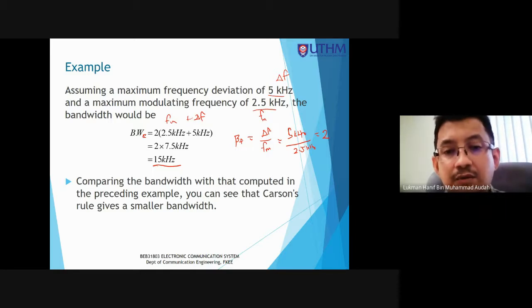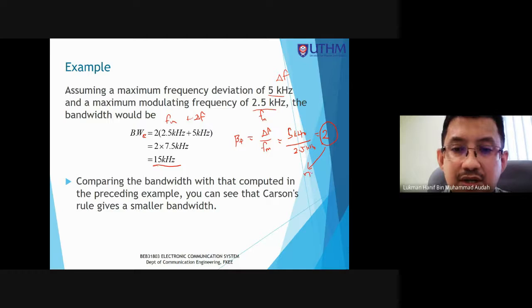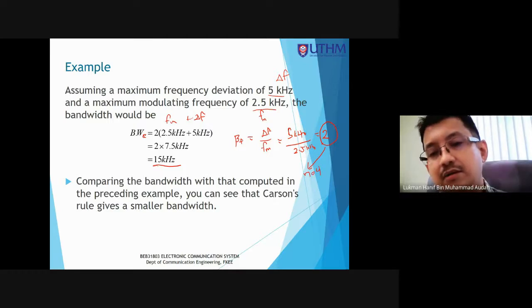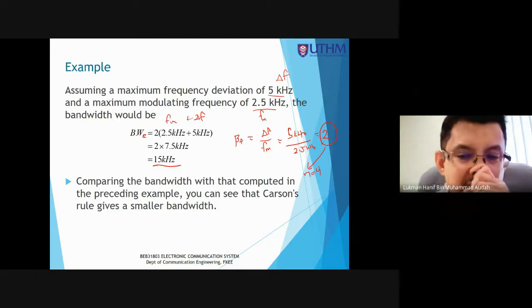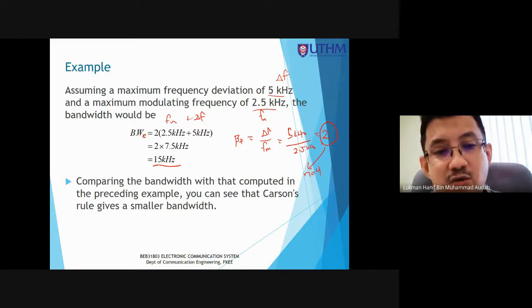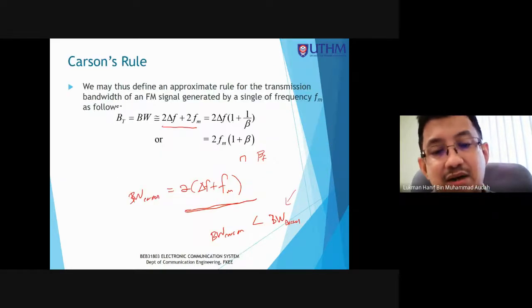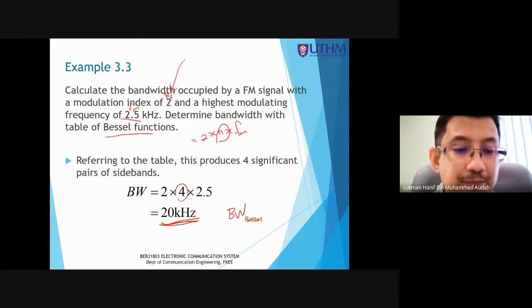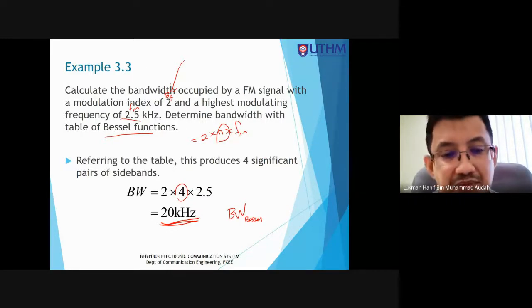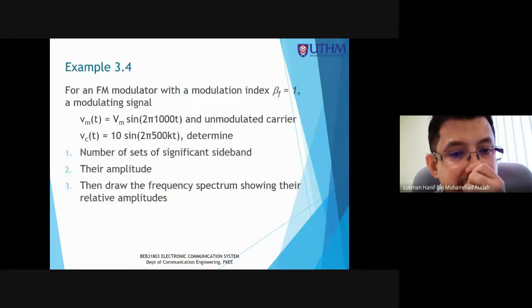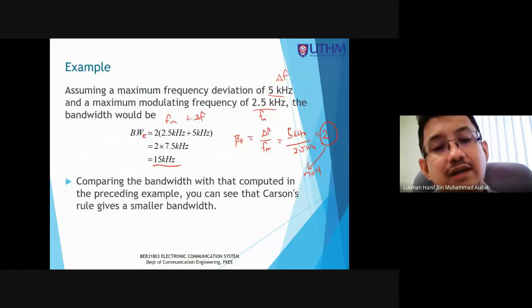If we use Bessel, based on beta F equal to 2, we get n equal to 4. If n equals 4, that means the bandwidth by Bessel will be 20K. But when we use bandwidth by Carson, we only get 15 kilohertz.